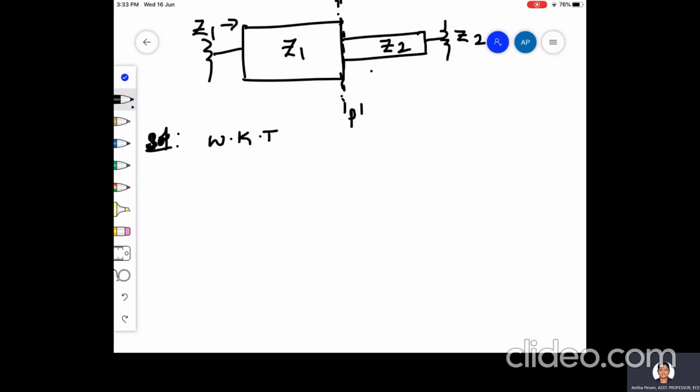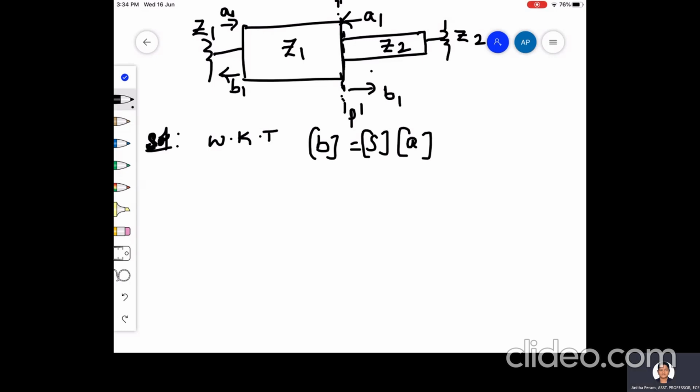Suppose I consider the incident wave at this port as A1 and the reflected as B1, and here similarly A2 and B2. We know that in any matrix, if you consider incident and reflected wave amplitudes, they can be related using S parameters as B equals S into A. Now we'll start solving the problem.